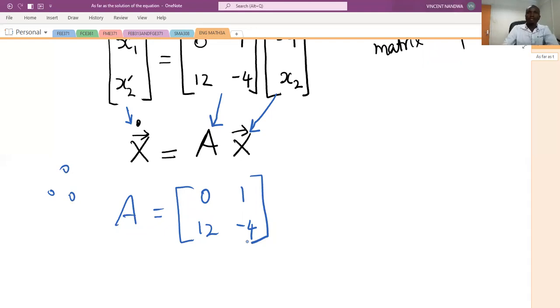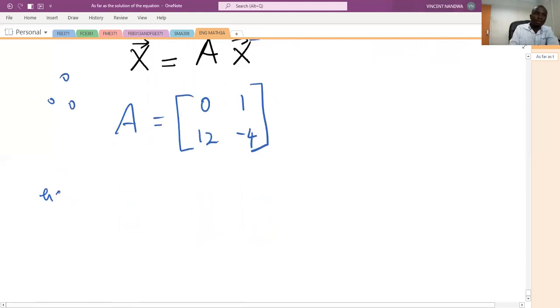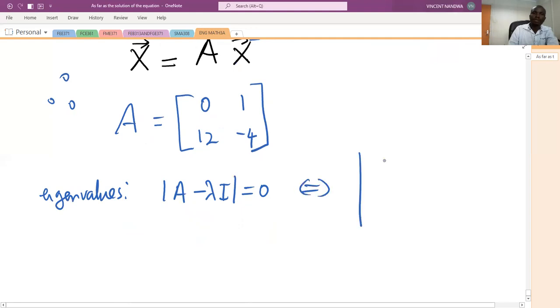So next, find eigenvalues. Eigenvalues will solve determinant of A minus lambda I equals 0. So which will be determinant of 0 minus lambda, 1, 12, minus 4 minus lambda equals 0.